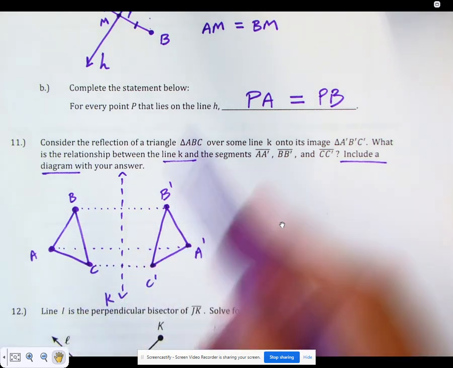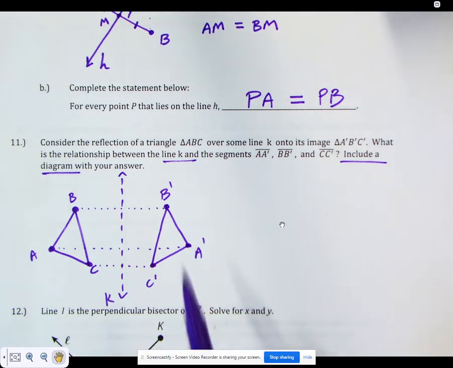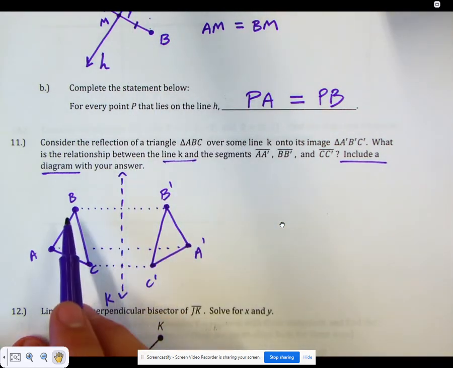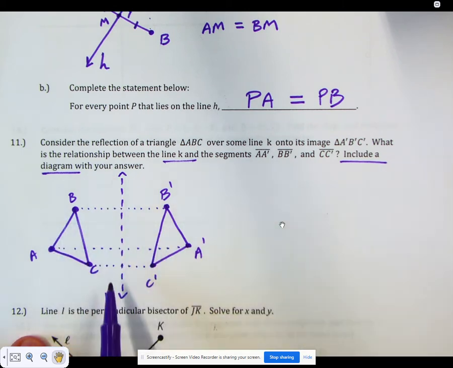So based on the question we just did, we can make some kind of conclusion here that it seems like there's a perpendicular bisector idea going on.